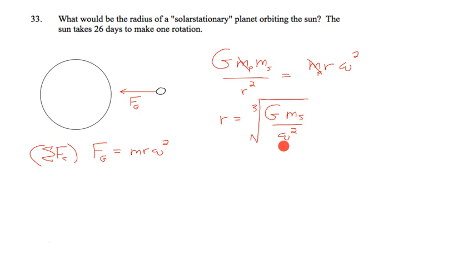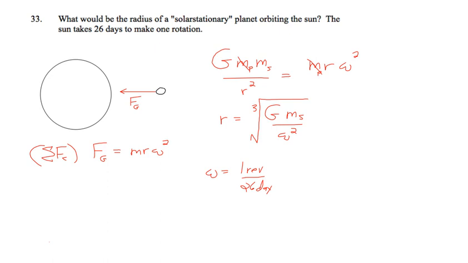And then the omega, I'm going to get based on that they're telling me that the sun rotates once every 26 days. So that means that I want the planet to go around the sun once every 26 days. So my starting point for omega is going to be 1 rev every 26 days. And I need that to be in radians per second.